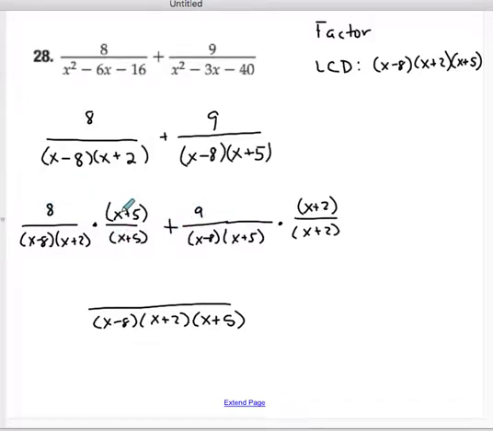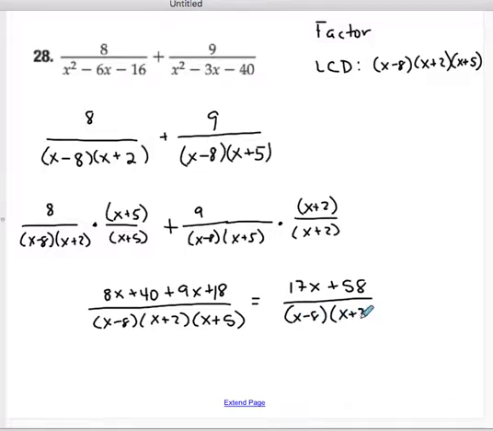So I've got 8 times the quantity x plus 5, which is 8x plus 40. And then I'm going to add to that 9 times the quantity x plus 2, which is 9x plus 18. Notice I can combine my like terms because I'm just adding. That's going to give me 17x plus 58 over x minus 8 times x plus 2 times x plus 5.